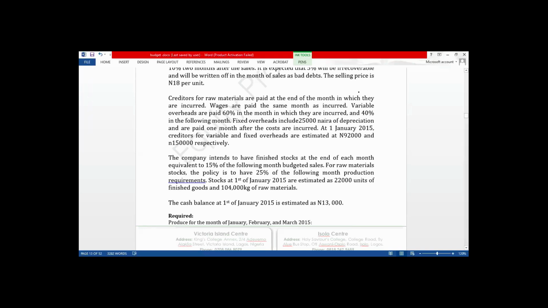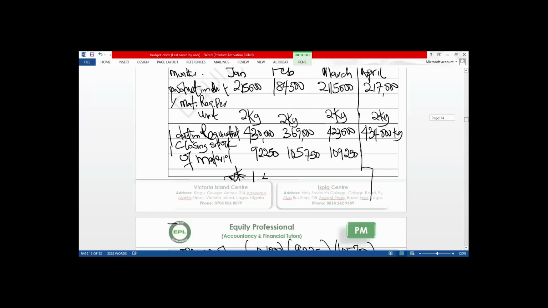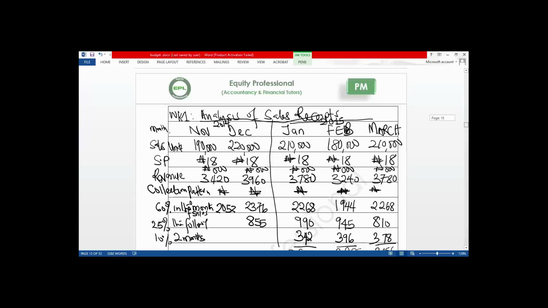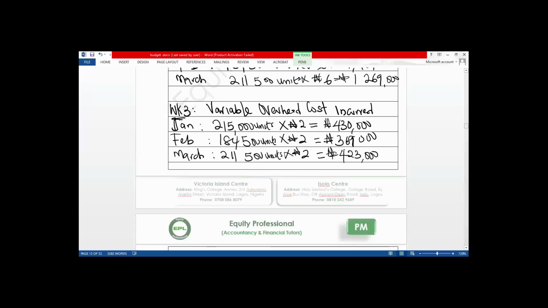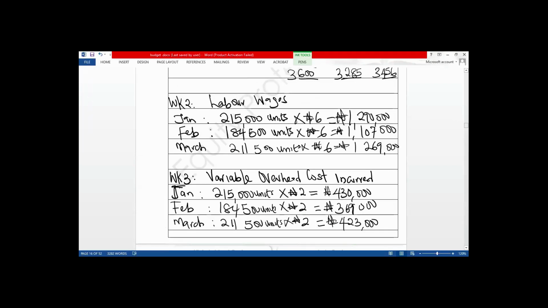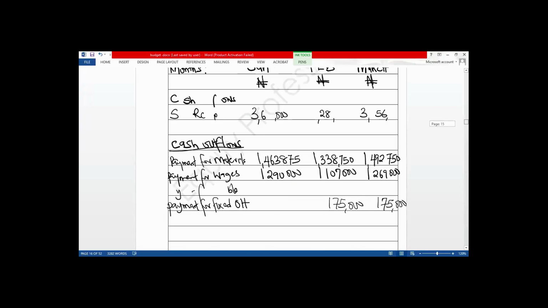You now come here. Go back to this; it will be paid in January. You have to be going front and back when you are in an online class like this. Creditor for fixed overhead is 150,000. There's no depreciation, so it does not include depreciation.